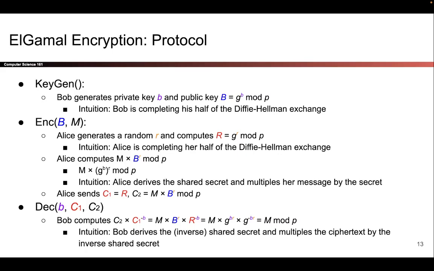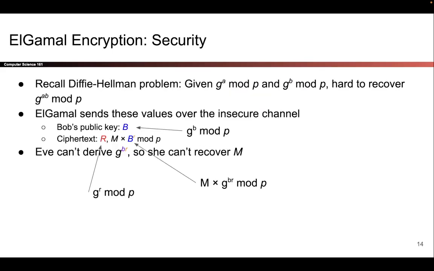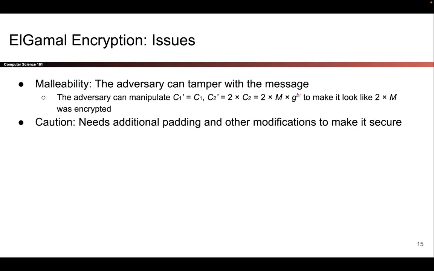So ElGamal encryption is vulnerable to this malleability attack, where Mallory takes not the first, but just the second part of the ciphertext, multiplies it by 2, and now it looks like the message being sent is not M, but 2M. When we go through all the decryption steps, we can see that Bob ends up decrypting a value of 2M. To make a long story short, ElGamal encryption doesn't offer integrity. Attacks like malleability are possible.